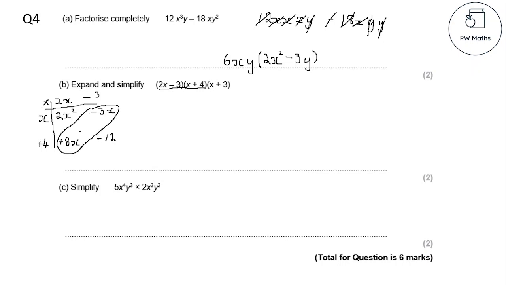Positive 8 minus 3 is positive 5x. And the answer goes Harry Potter, Diagon Alley. So we'll write out 2x squared plus 5x minus 12, and that picks us up one of the 2 marks.